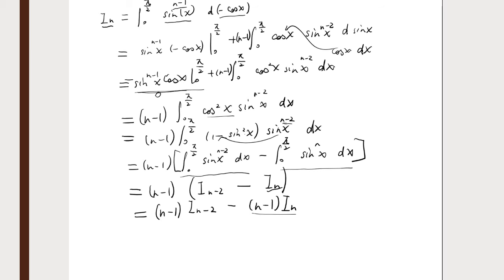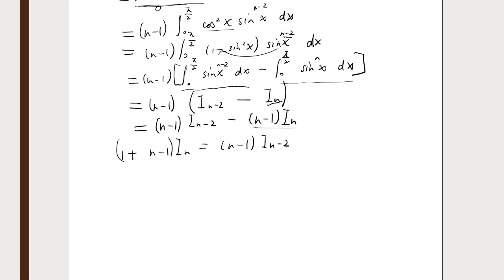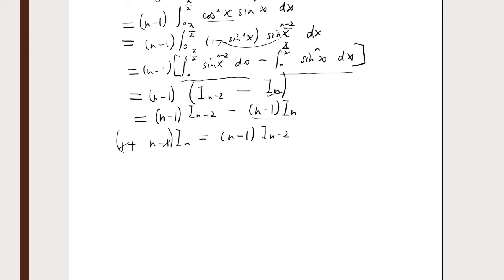So we're going to have 1 plus n minus 1 times I n equals n minus 1 times I n minus 2. So we're going to cancel out this one and this one. So we're going to have I n equals n minus 1 over n times I n minus 2. Alrighty, so by now we have found this, and this guy, well, is the recursion formula.